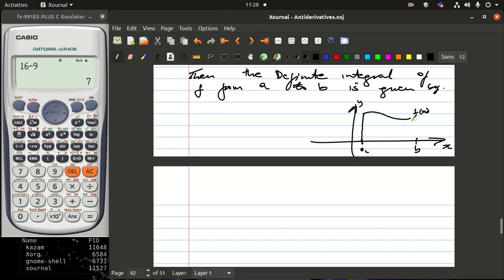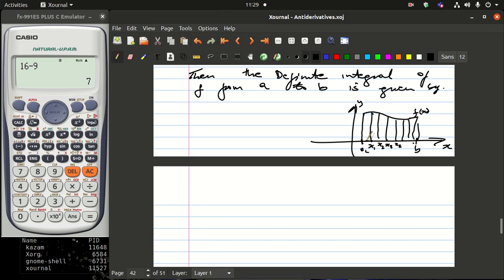You divide this interval into sub intervals. In other words, you create rectangles. This point you call x1, this one x2, this one x3, this one x4, up until you have xn. Secondly, you pick a sample point somewhere here. It can be this, it can be that.